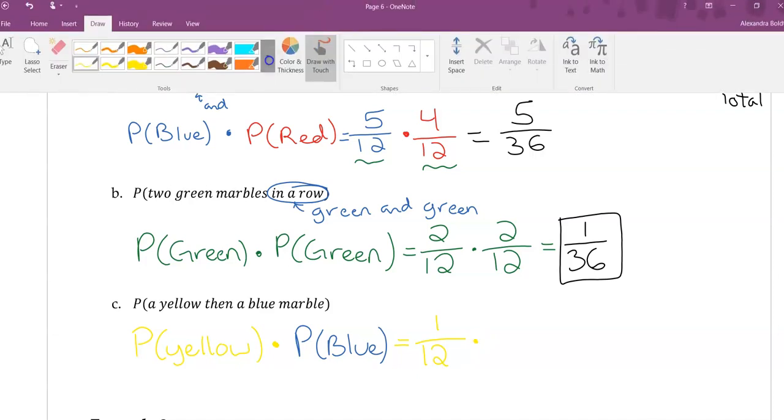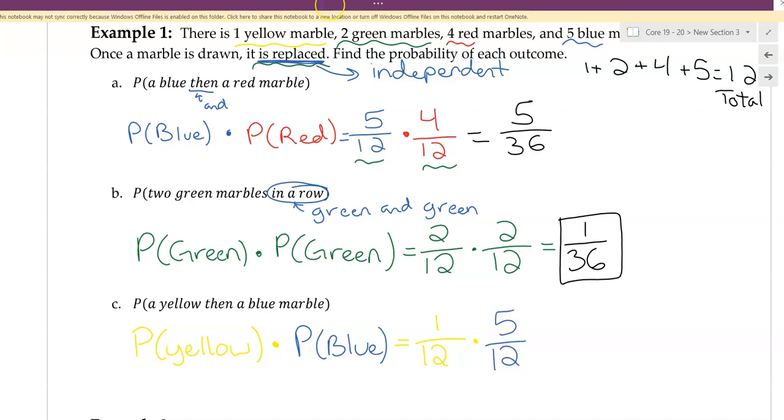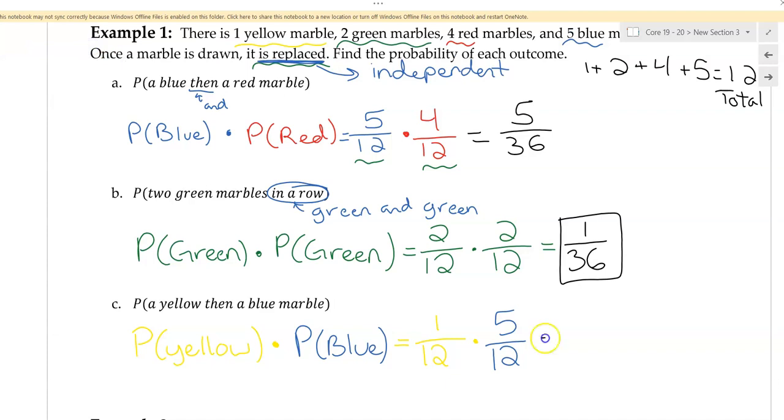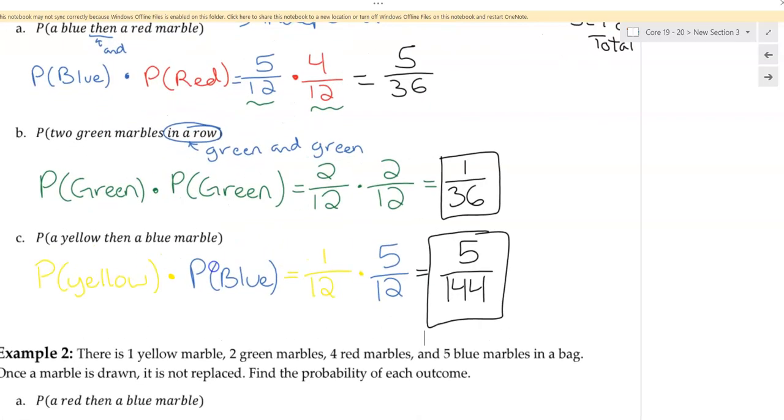There are 5 blue marbles. Okay. When I multiply that together, I actually get 5 out of 144. So, if I'm replacing, it's just like what we did in 5A.2. Alright, now we just have our example 2 to look at.